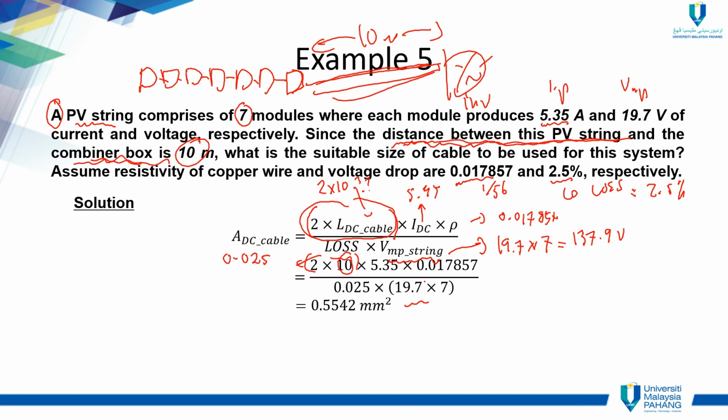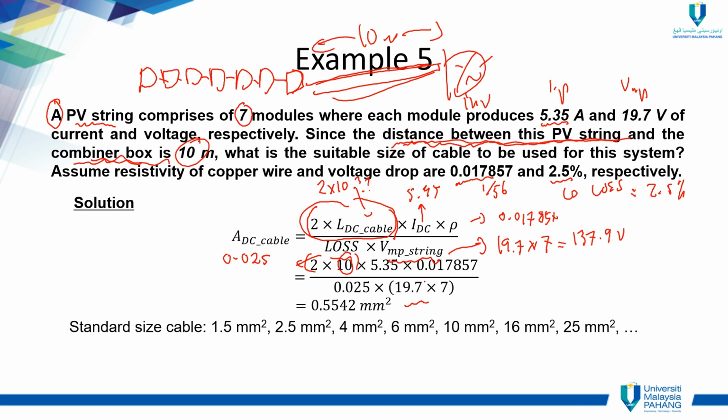This is the cable size that we calculate. So means that this system needs the cable size of 0.5542 meters square. However, we don't have this type of cable kan. We don't have the 0.55. That's why we need to choose the available cable size in the market.